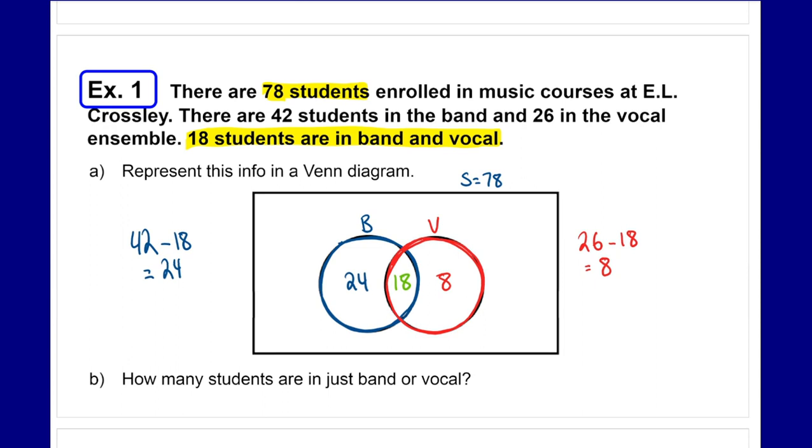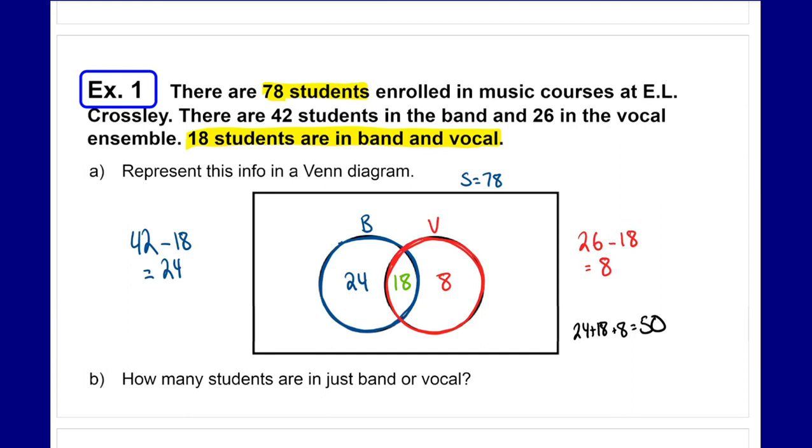Now, if we go through and look at all those individuals, 24 plus 18 plus 8, we find there's 50 students there. However, I actually have more than 50 students. There are 78 that are enrolled in music courses.